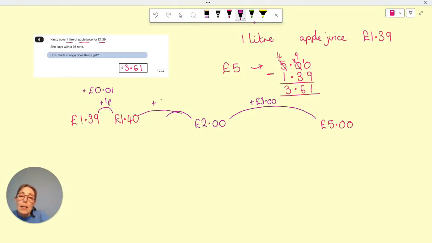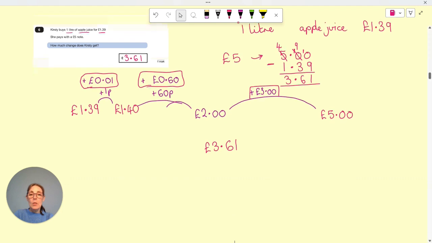So we're adding 60 pence here. And then what we do is we add these bits at the top that we've added on. I'm going to put this bit in pounds because it's quicker. £3 plus 60 plus 1 is £3.61, and we've got the same answer, so that's great.